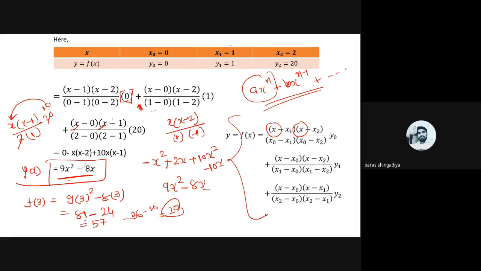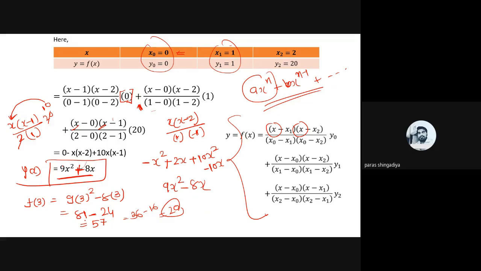If you have made a mistake somewhere, we get one wrong data here. So after that you can verify this, since the points are already given in this question. Just use any one point and verify the answer. When x is equal to 0, do we get y as 0 or not? Suppose I made a mistake somewhere, and I got a positive sign in place of the negative, deriving 9x squared plus 8x as the answer.